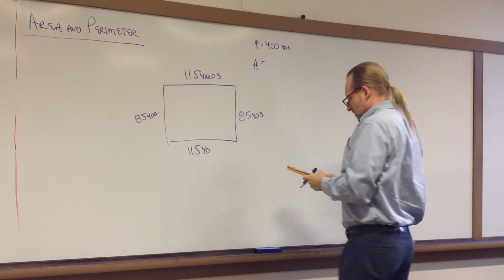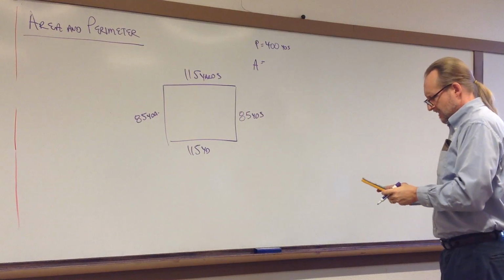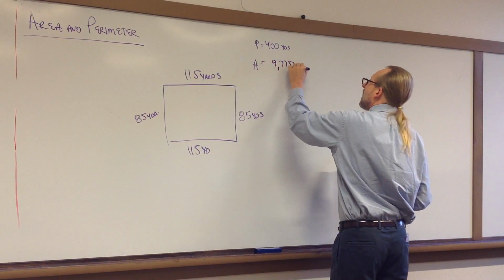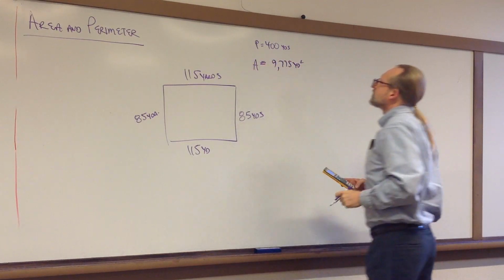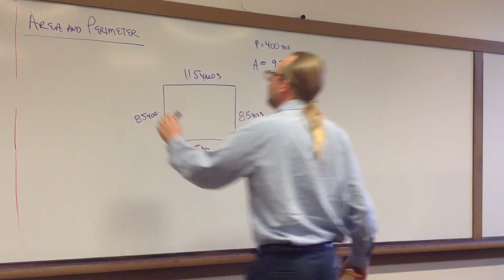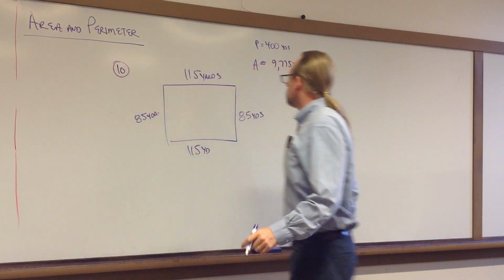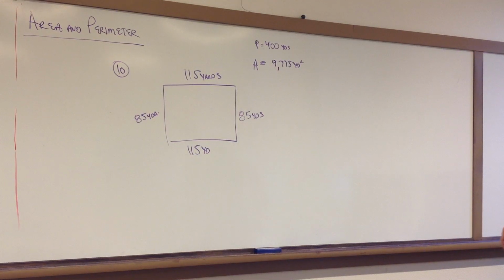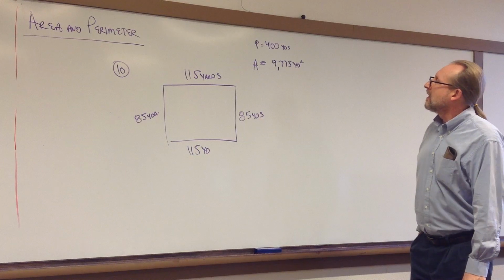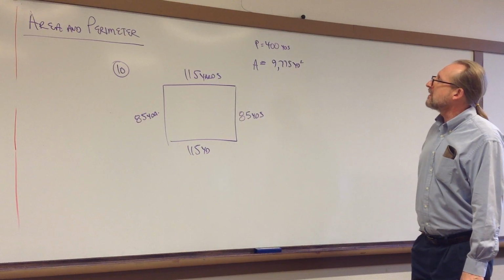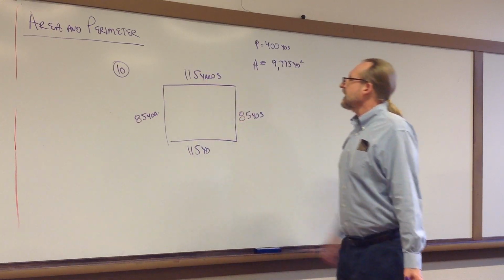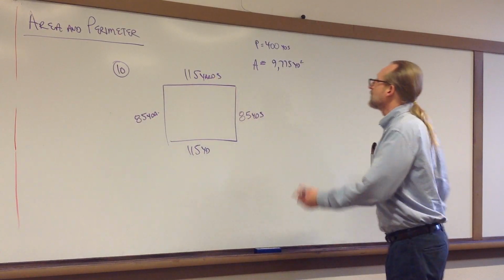And what's our area? 115 times 85, 9,775 square yards. Okay, and what do we want? Oh, this is problem 10. So we want a smaller area. If I take 15 off of here and add it onto here, this will be 100 and this will be 100.